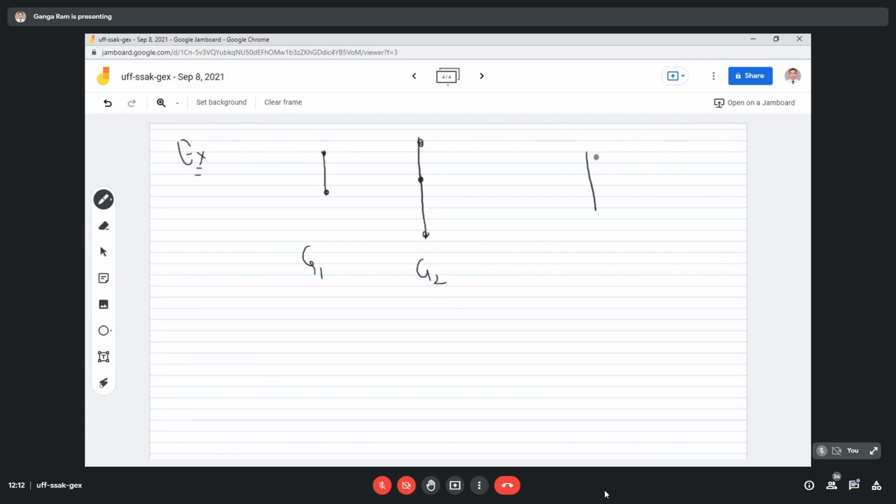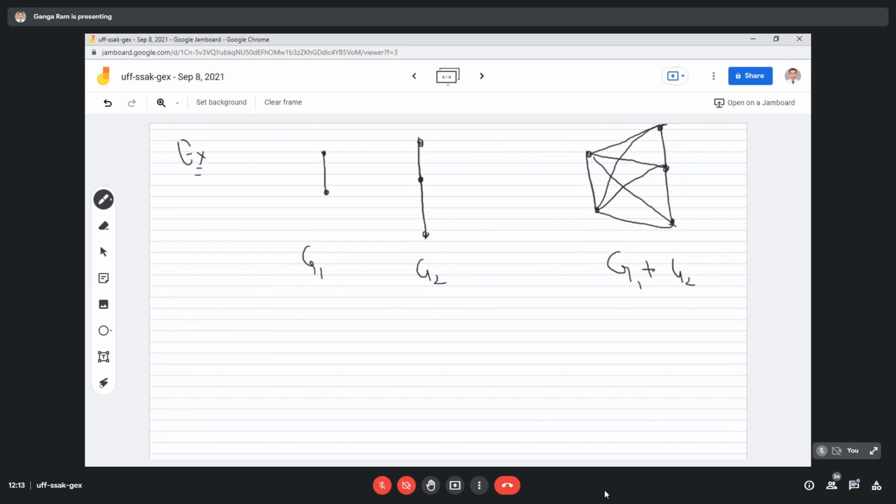Then according to the definition of join, it will be given here and also here. Okay, this is the G1 plus G2 graph.